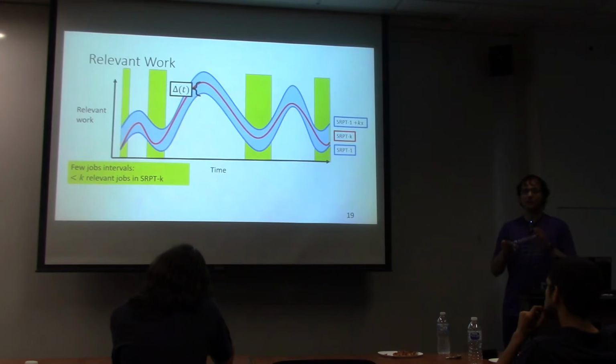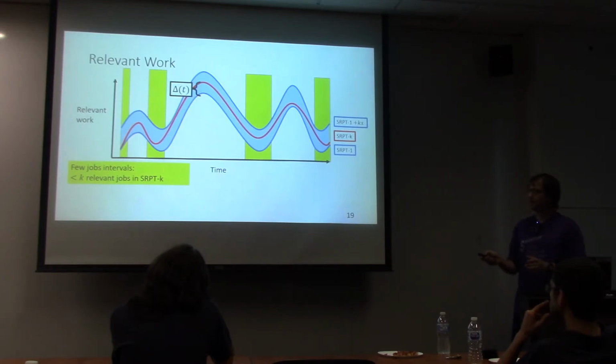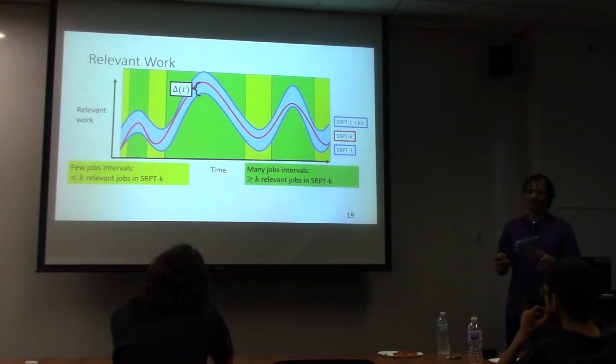This means at least one server in the SRPT-k system is either idle or doing irrelevant work or something. In the many jobs interval, which will be all the other time, there are at least k relevant jobs in the SRPT-k system. So all the servers will be doing relevant work. And we'll prove this property about delta t in both cases.